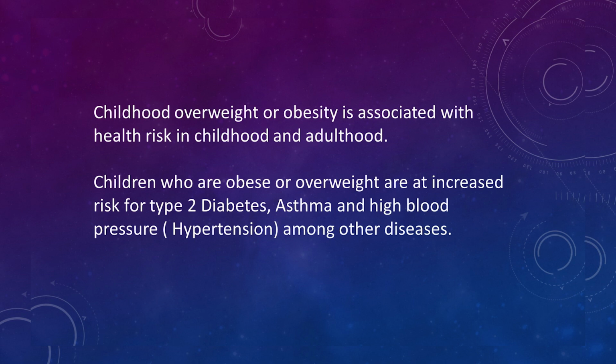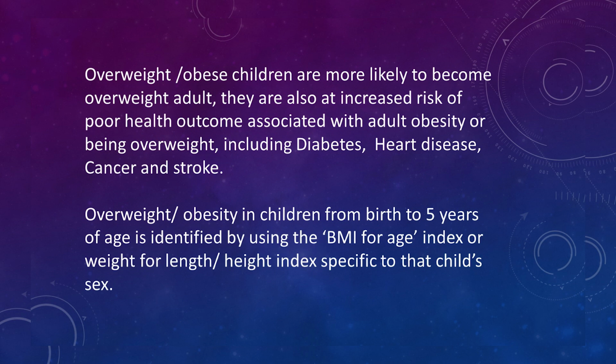Children who are overweight may suffer in adulthood from other diseases like type 2 diabetes, asthma, high blood pressure, stroke, etc. Overweight children are more likely to become overweight adults, and they are also at increased risk of poor health outcomes, such as diabetes mellitus, heart disease, cancer, stroke, etc.